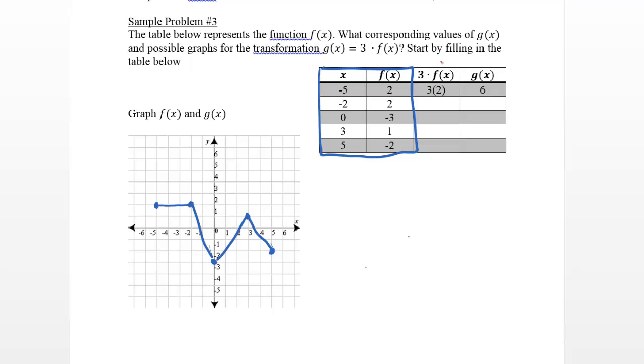Now I'm going to take my f of x values and multiply them by 3. So I'm multiplying the output, or the whole function, by 3. 3 times 2 is 6, 3 times -3 is -9, 3 times 1 is 3, and 3 times -2 is -6. Now I'm going to match up these x values with g of x, which is our output values with our new multiple.